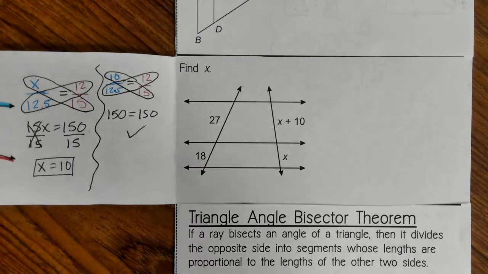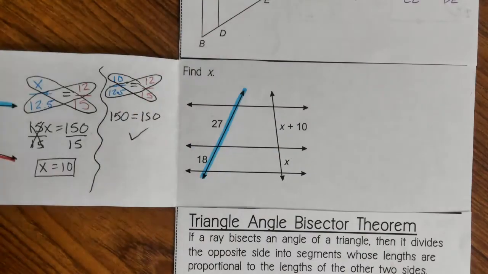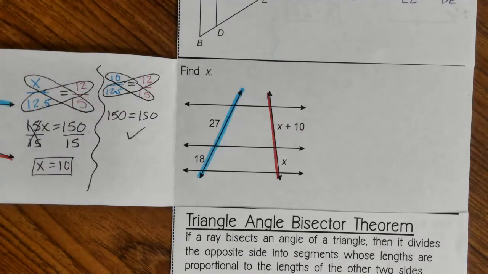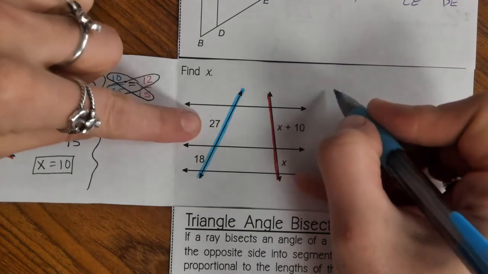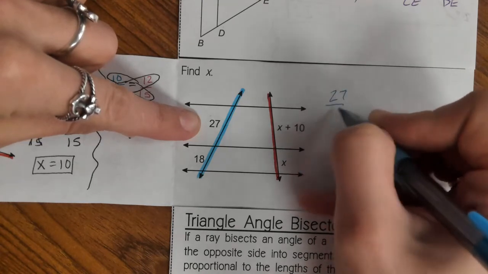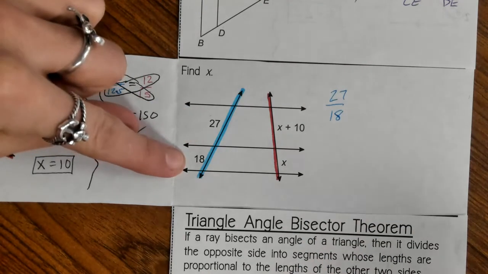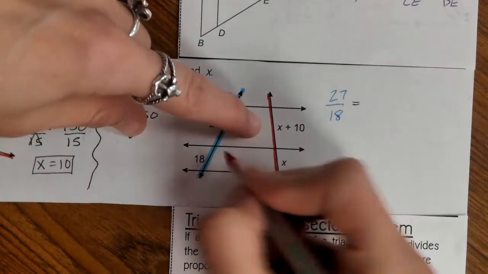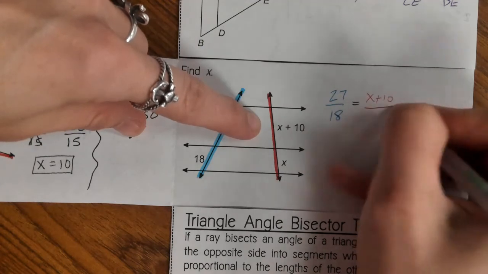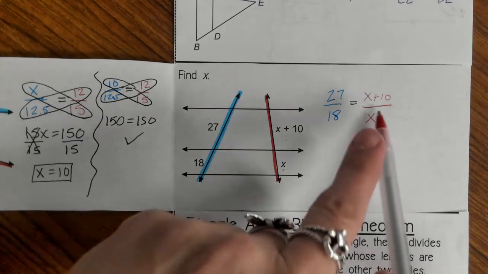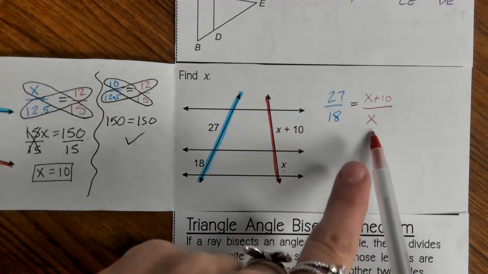Right? The next one over here, we can look at this side, and or transversal, should I say, and this transversal. So we put the 27 over 18. Come back over here to my equal sign. X plus 10 over x. Okay? Keep in mind, these two are on the top, I'm leaving them on the top. These two are on the bottom, I'm leaving them on the bottom.